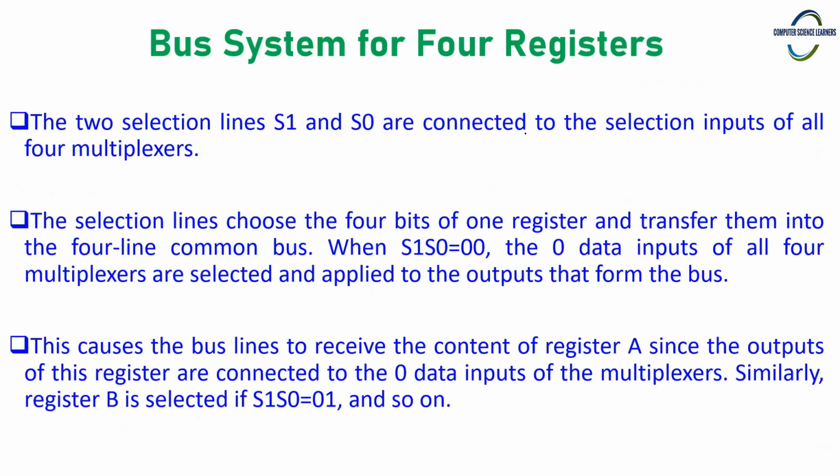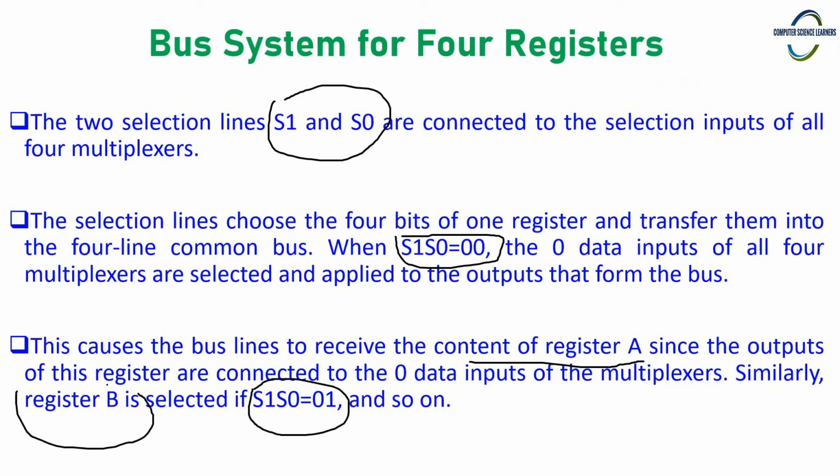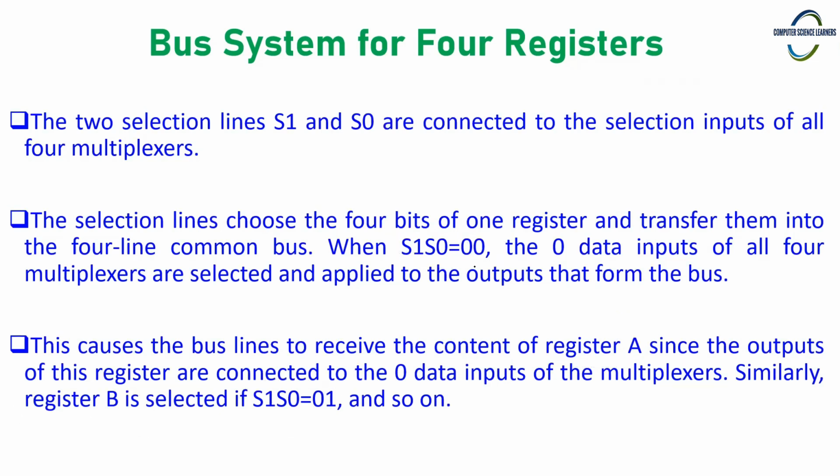Two selection lines are connected, and the value of these selection lines will decide which register's data is available on the output. If it is 0 0, we'll get the content of register A. If it is 0 1, the content of register B. Like here you can see, if it is 0 1, then the content of register B will be selected.